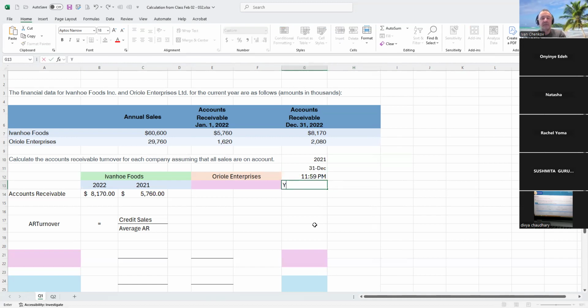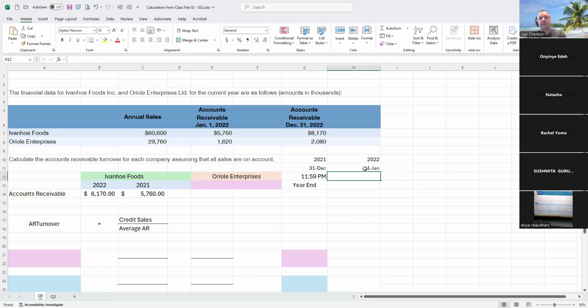Where is the start of the new year? January 1st, 2022. What time? 12 o'clock, 00:00 a.m. That will be the start of the year.